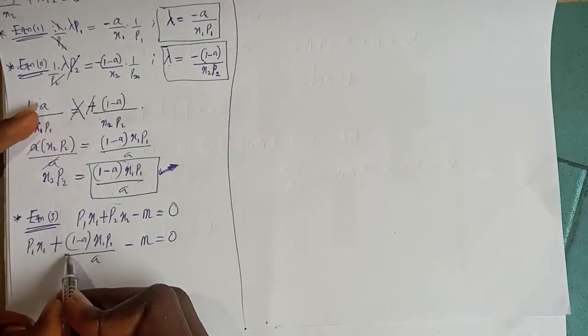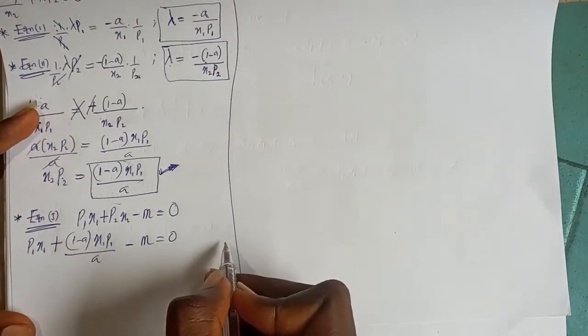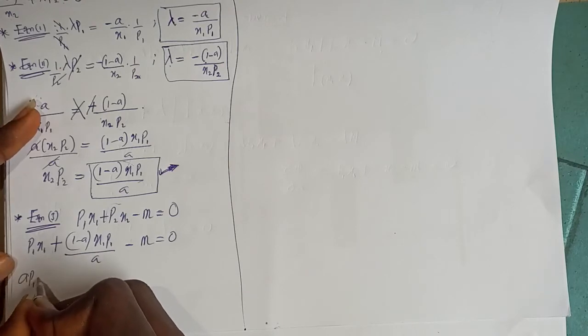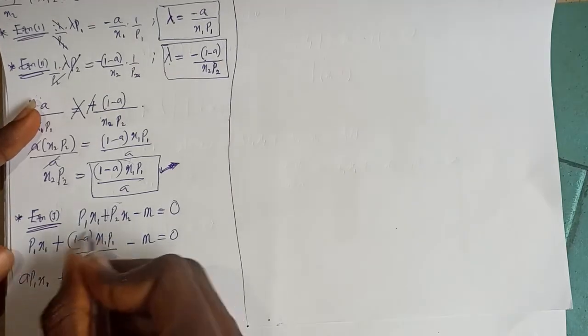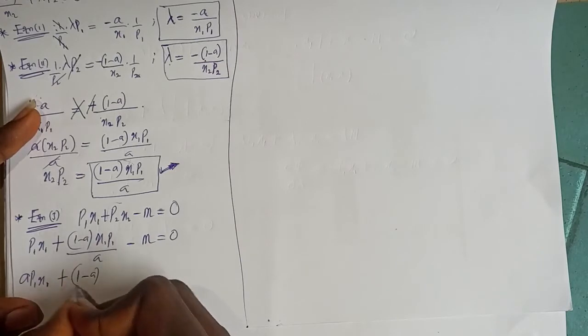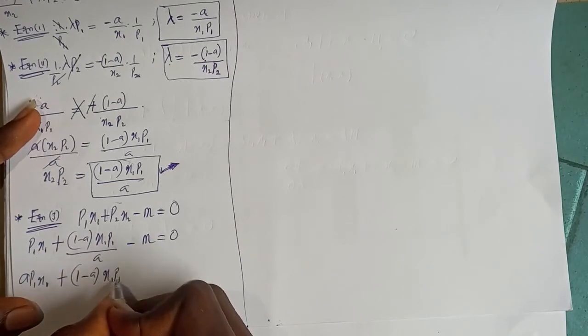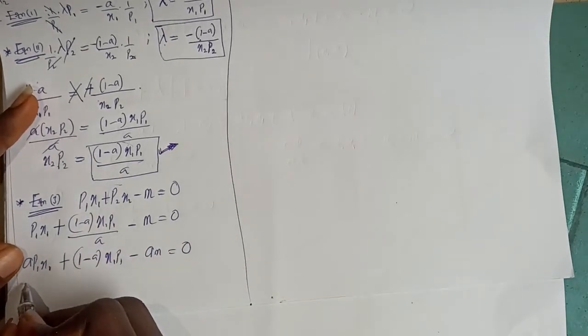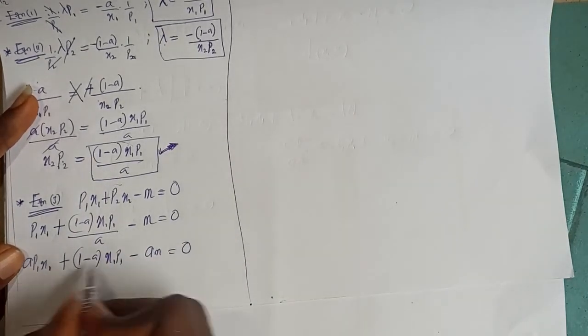So from here, you can decide to multiply all through by a. When I multiply all through by a, I will have a p1 x1 plus, multiply this term by a, 1 minus a of x1 p1, minus a times m, is am, equals to 0. So similarly, you can try to break this down.